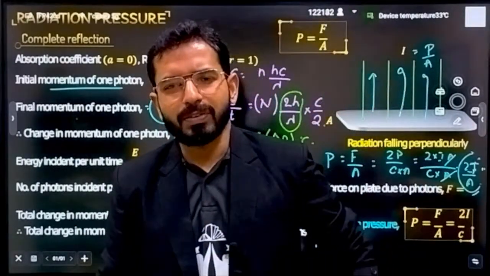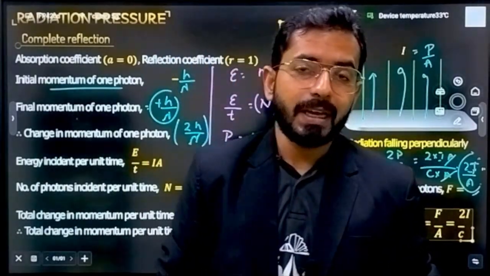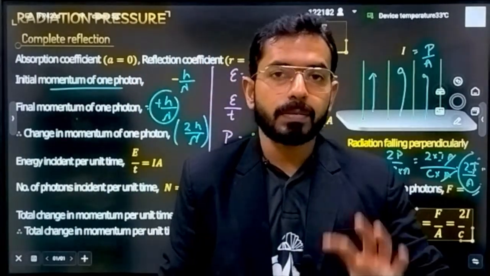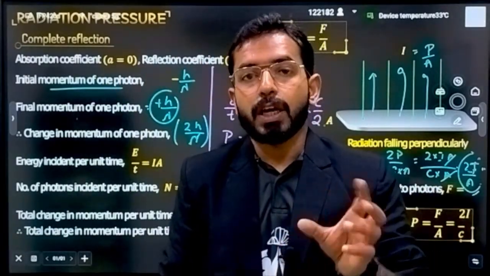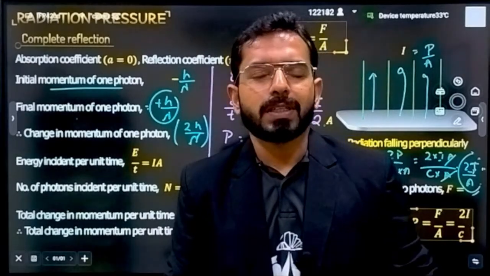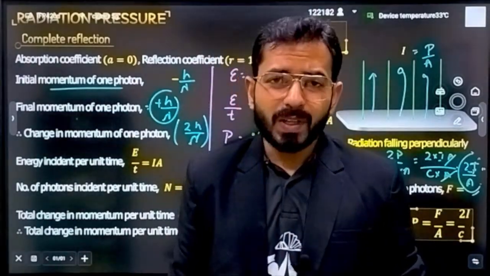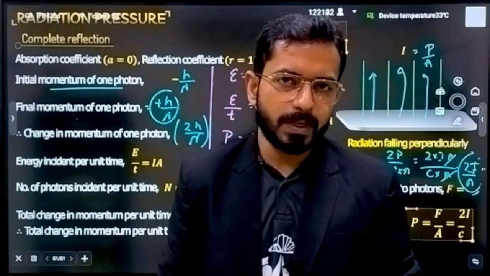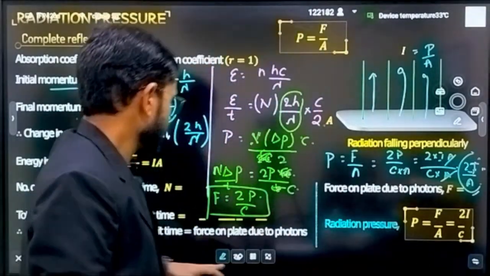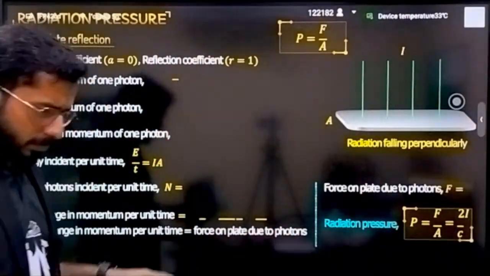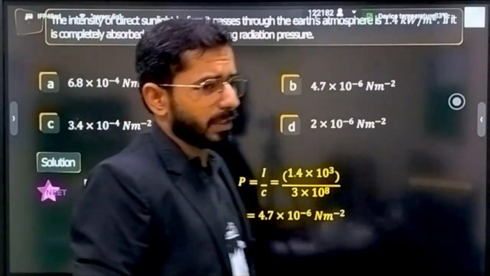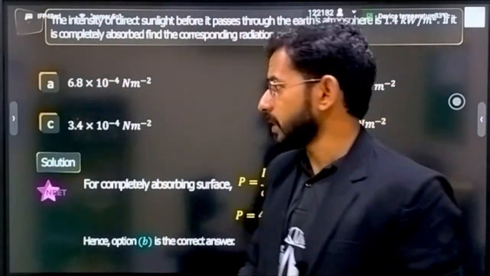Only a single difference. In complete absorption the radiation pressure is I by c, and in complete reflection it is 2I by c. Let's suppose 50% reflected, 50% absorbed, then just multiply half and half with both the results, and simply you will have your answer. So don't worry about such cases, let's suppose 30 or 70%, what will happen? These kinds of cases you don't have to worry about.